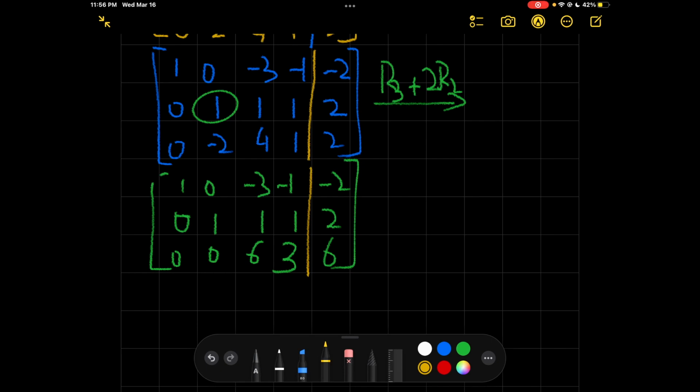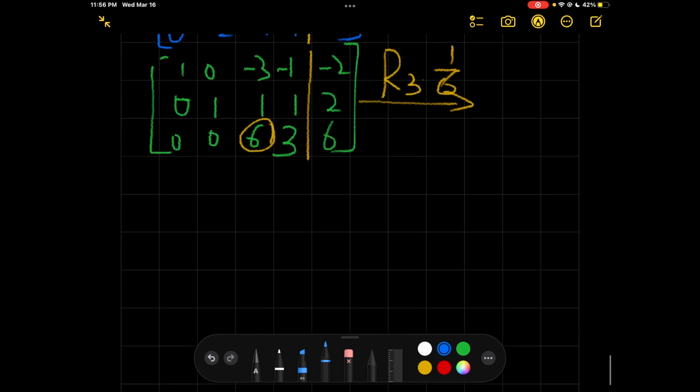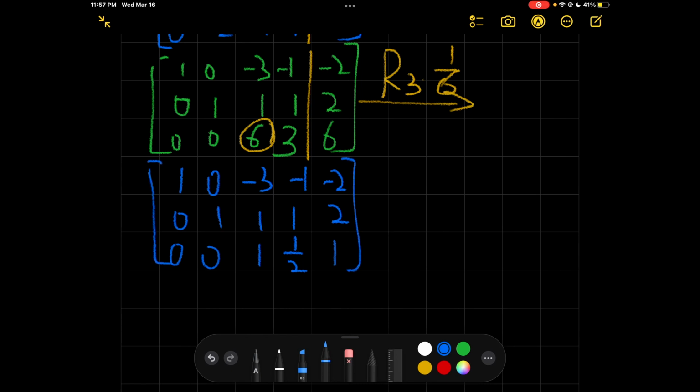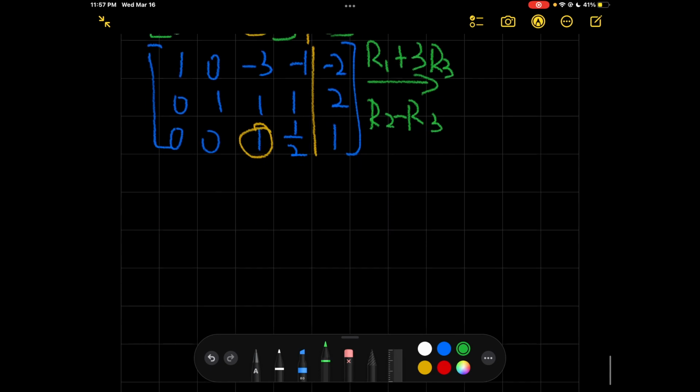Now we have 2 pivot points, and we need the third pivot point, a leading 1, so we should just take row 3 times 1/6. We have: 1, 0, negative 3, negative 1, negative 2; 0, 1, 1, 1, 2; 0, 0, 1, 1/2, and 1. Now we need to knock out that column. What we can do is row 1 plus 3 row 3, and row 2 minus row 3.